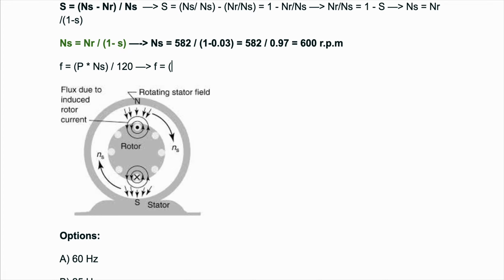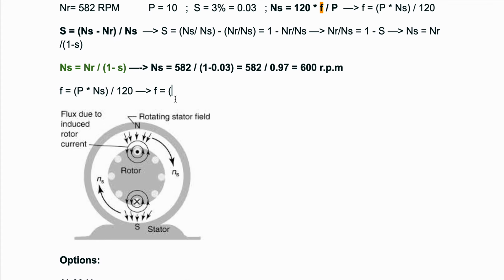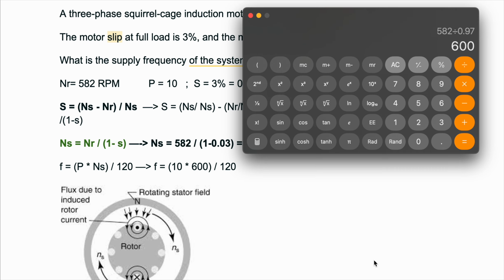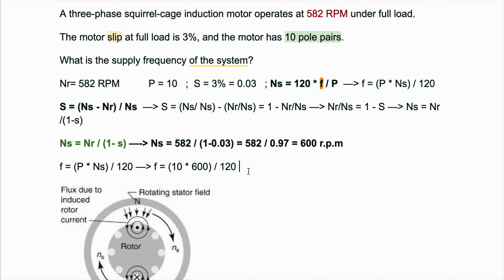So F is equal to P. What is the P? It is 10. 10 by NS, which was 600, divide 120. So 6,000 divide 120 is 50, because 50 is hertz.